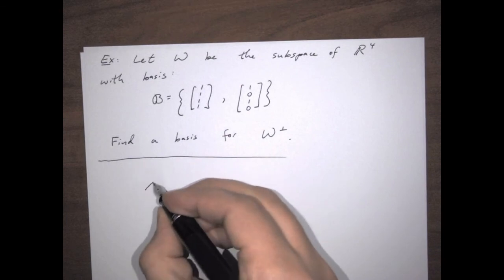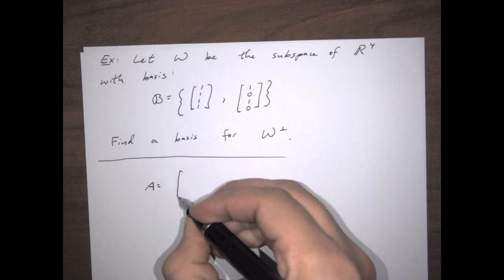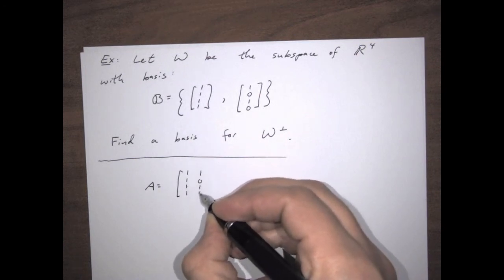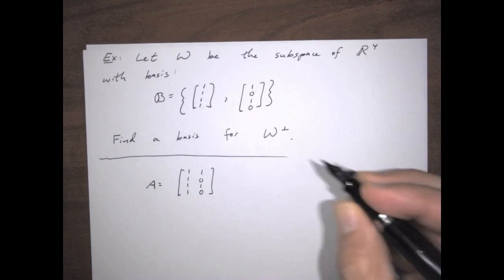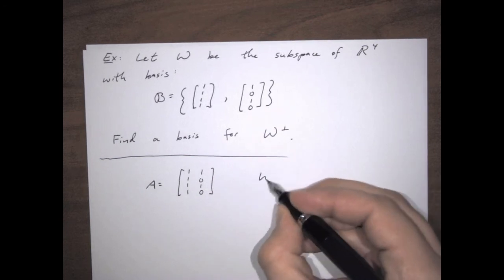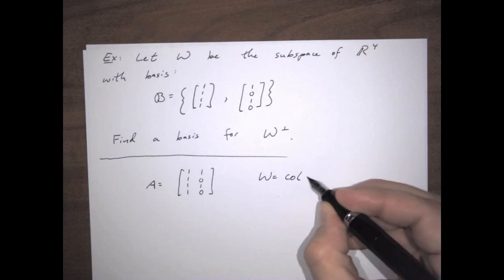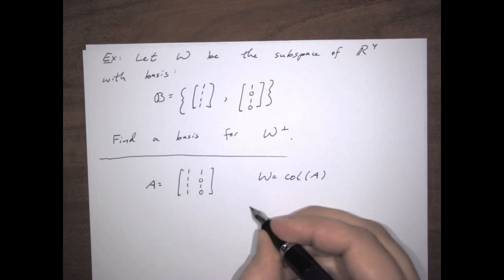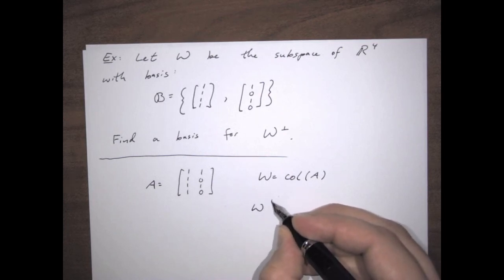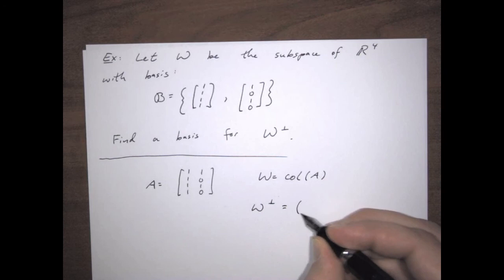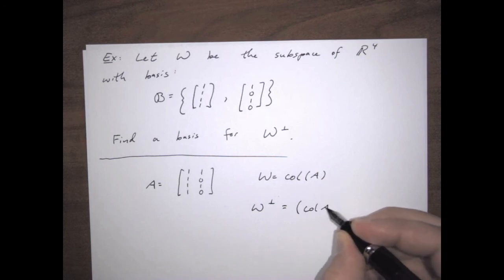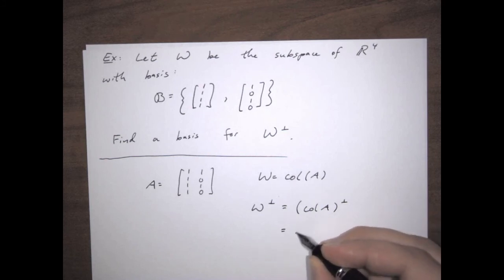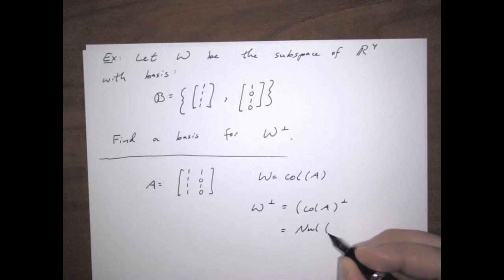So if A is equal to 1, 1, 1, 1, 1, 0, 1, 0, then W is equal to the column space of A, which means that W perp is equal to the orthogonal complement of the column space of A, which means that it's equal to the null space of A transpose.